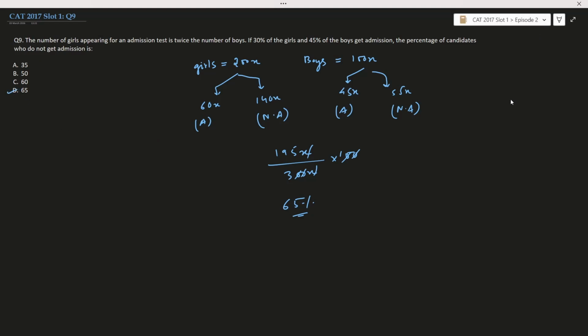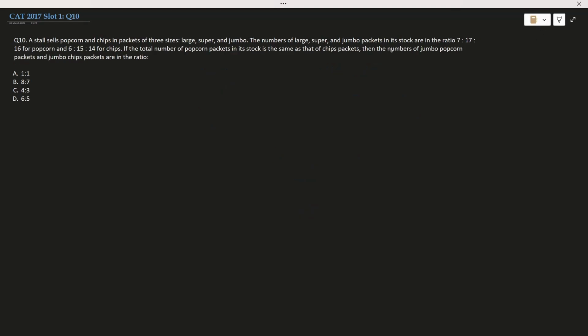Let's move on to the last question for today's session. A stall sells popcorn and chips in packets of 3 sizes: large, super, and jumbo. The numbers of large, super, and jumbo packets in stock are in a ratio for popcorn that is different, and for chips it is 6 is to 15. All right, understood.